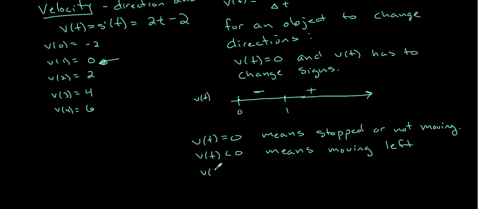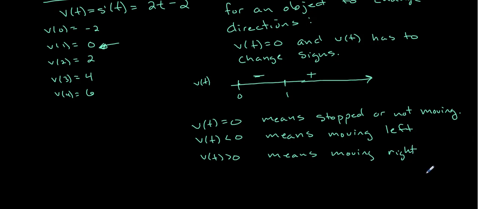What about v of t being greater than 0? Moving right. If we have a velocity function, we have to find the velocity at, say, t equal 4, and we get a positive number. We know that at t equal 4, that particle is moving to the right.